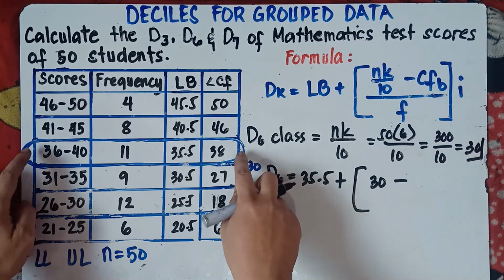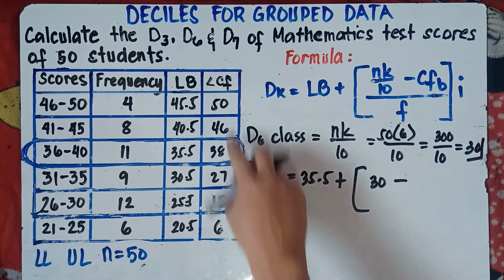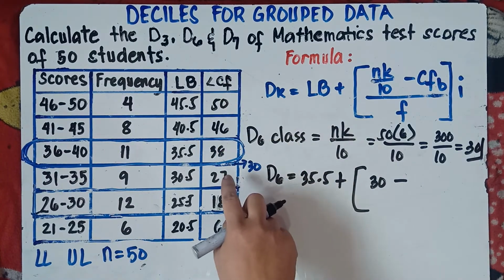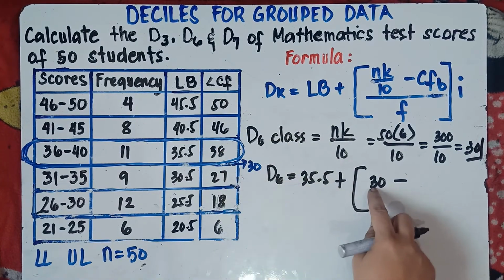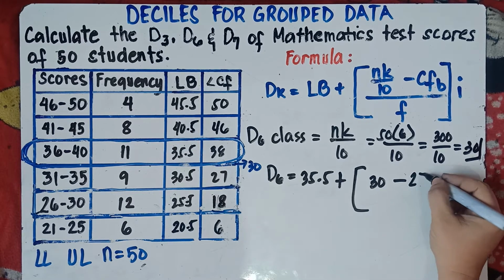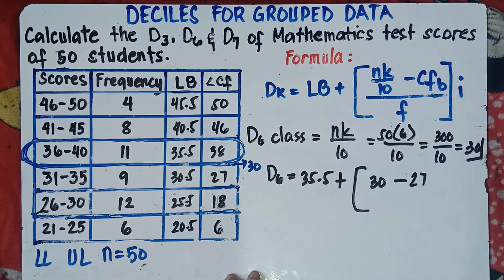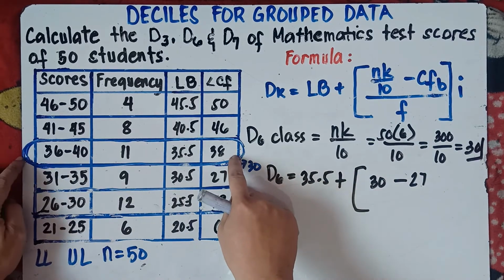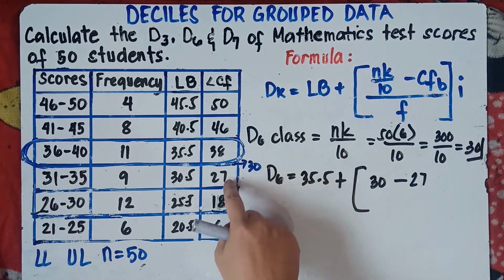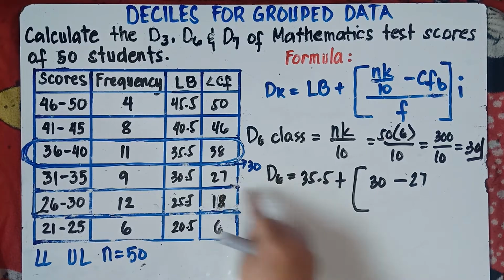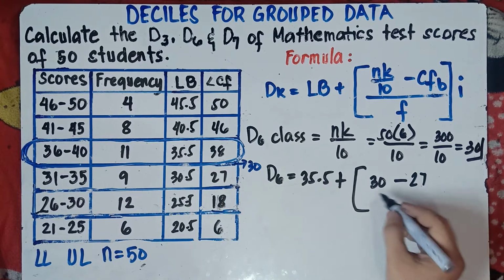So this is our 6th decile class, before less than cumulative frequency, that would be 27. So this will be 30 minus 27. Once again, class, always be careful with this one. Cumulative frequency before, it should be the previous, class. Previous cumulative frequency, that would be 27. So that's why we have 27.